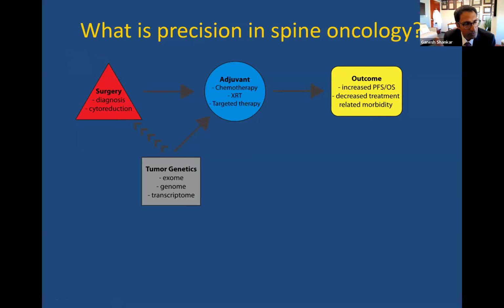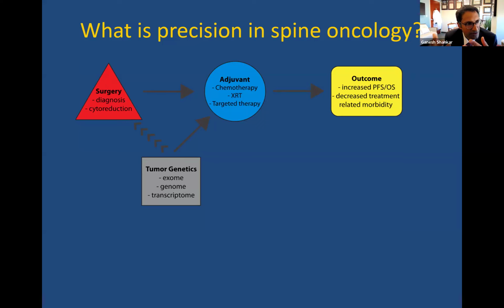This is then followed with some kind of adjuvant therapy that's guided by, nowadays, a lot of molecular information, molecular markers that are obtained with immunohistochemistry or with next generation sequencing, various targeted genotyping approaches. And this ultimately is with the goal of improving the patient's survival and also to make sure that the therapies are targeted in a way to address the disease process while minimizing treatment-related morbidities as well.